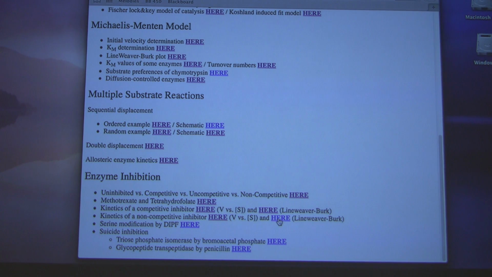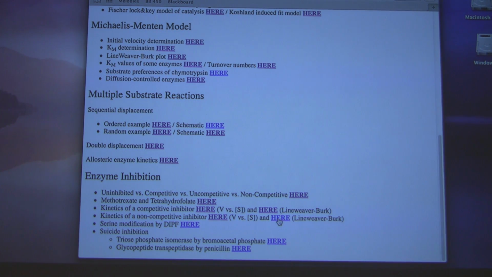And the reason for that is because when you do non-competitive inhibition, you don't have varying amounts of inhibited enzyme. In competitive inhibition, the amount of enzyme that's inhibited is a function of the substrate concentration. That's not the case in non-competitive inhibition. In non-competitive inhibition, you have a fixed amount of enzyme that's inhibited in every reaction. Doesn't matter what the substrate concentration is.